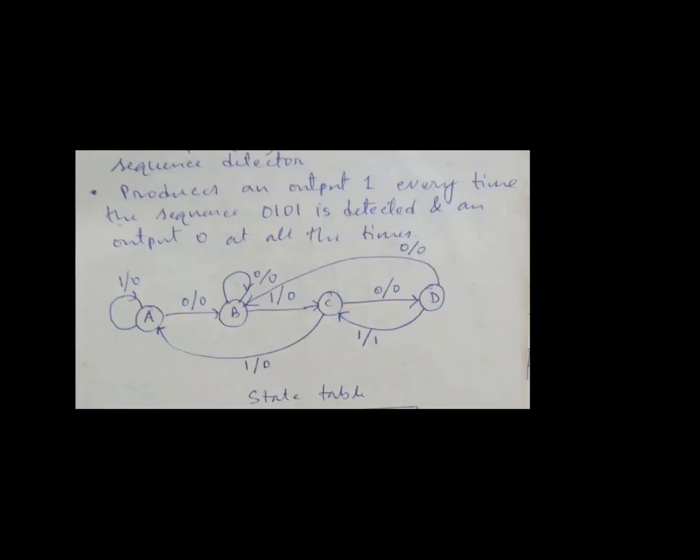Okay, so let's say this is our 0 1 0, this is our sequence. So we are over D. That means now we are going to scan this one. Now just think in advance. After this one, what is the minimum number of bits by which we can again get back the sequence?